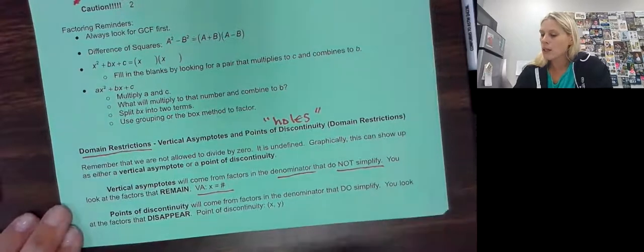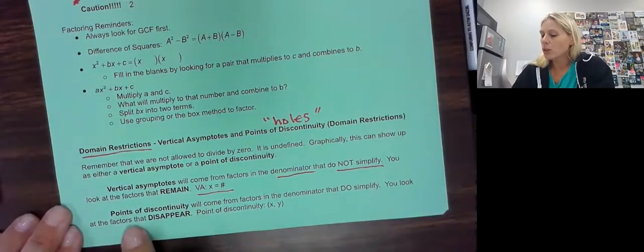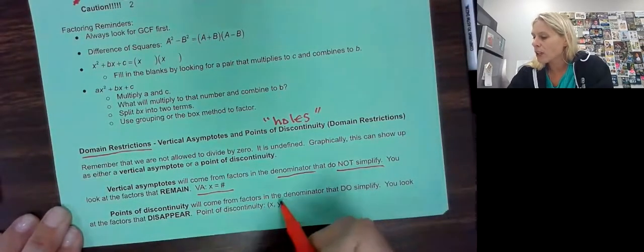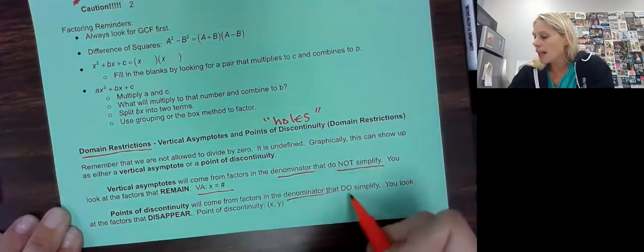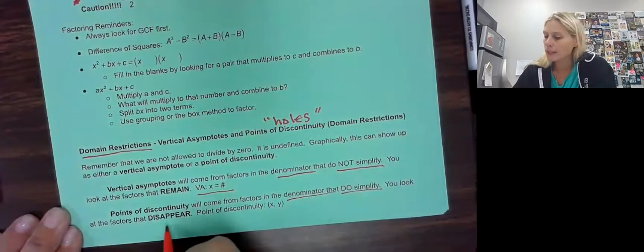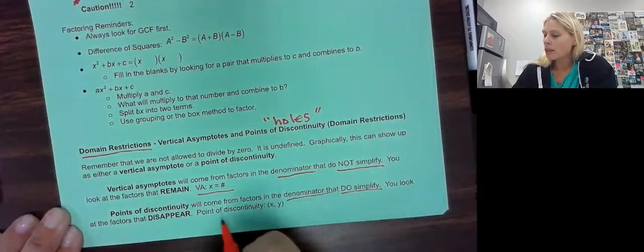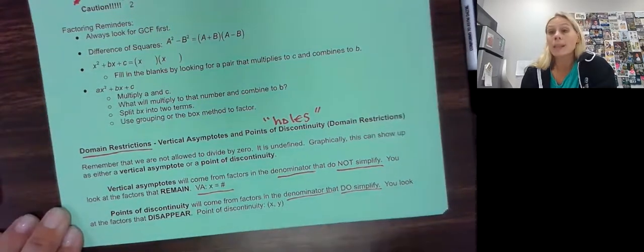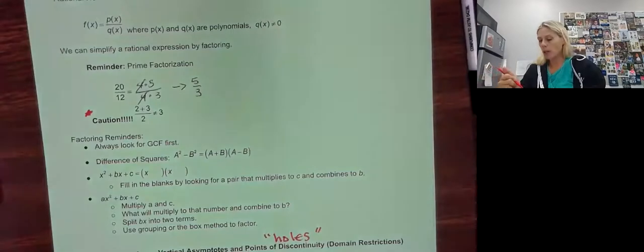It can't cross. Points of discontinuity, or your holes, will come from the factors in the denominator that do simplify. So in other words, it's what is crossed off, what has disappeared. And the point of discontinuity is a point. So when you have an x value there, you must solve for the y also.